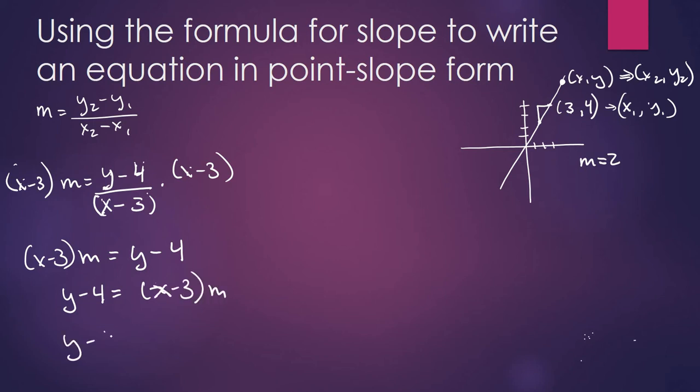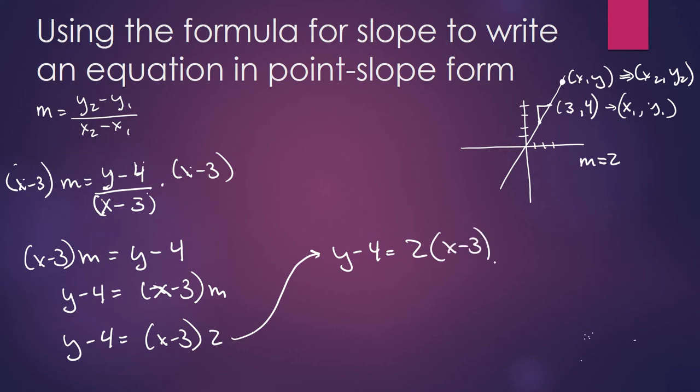And then y minus 4 equals x minus 3 times 2. And the last thing I'm going to do is write 2 times x minus 3, because again, we like to have that coefficient in front. So this is an equation for this line in point-slope form.